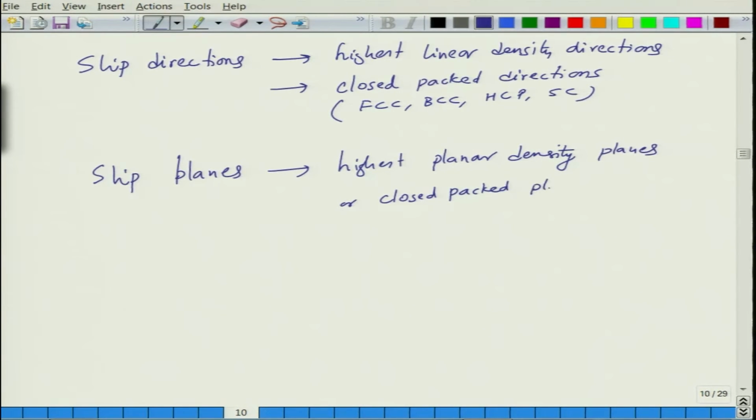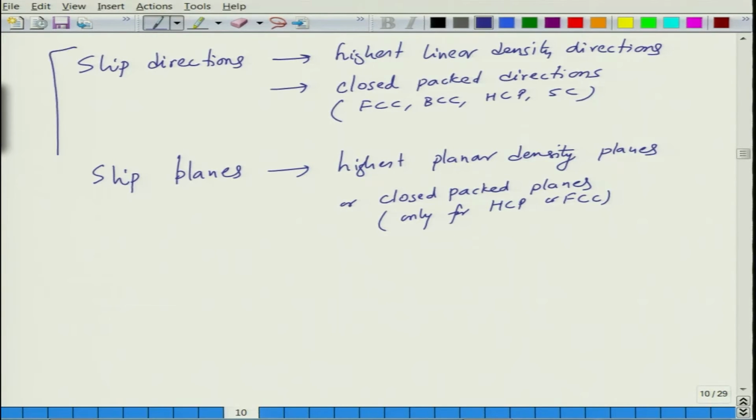Close packed planes are not present in all the crystal systems. So, only for HCP or FCC, because that is where you form close packed planes. For BCC and simple cubic we are looking at planes which have the highest planar density. So, essentially these are slip planes.